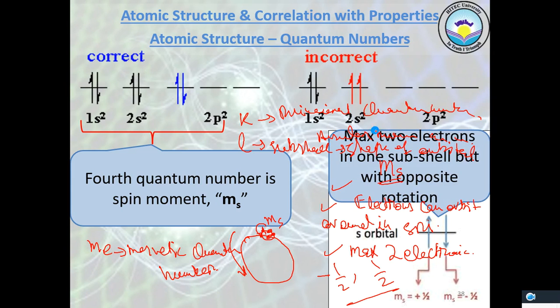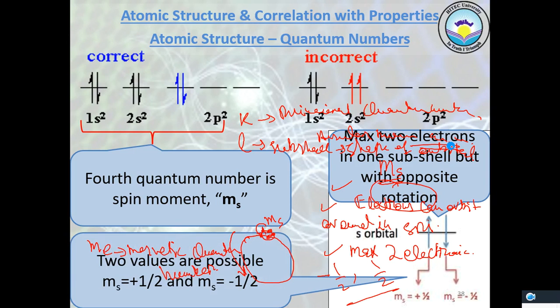So you can see here a maximum of 2 electrons in one subshell, but with opposite rotation. The spinning motion will be either clockwise or anti-clockwise, and the probability is half for each.